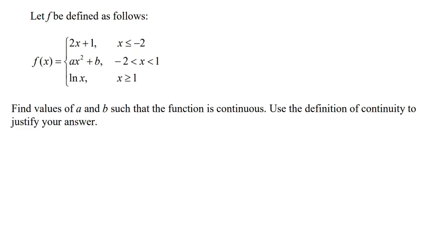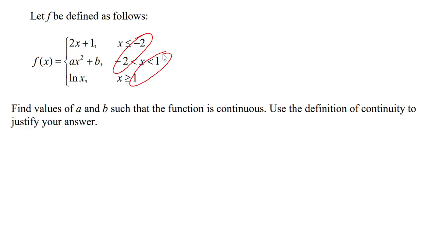So this next one here is just a little bit more complicated, but it's the exact same idea. We want to find a and b so that this function is continuous for all real numbers. So the only place where it might not be continuous would be at the places where this matches up, -2 and 1.